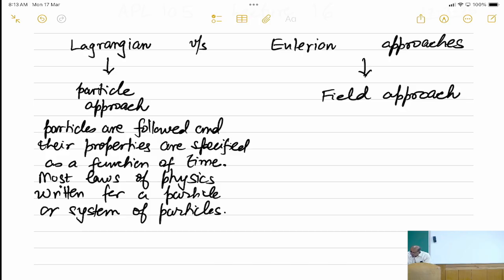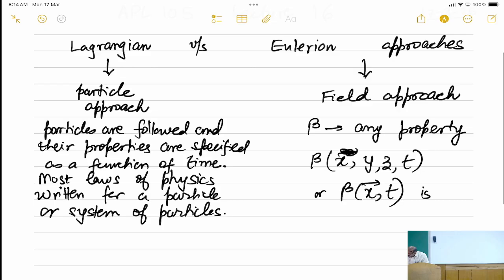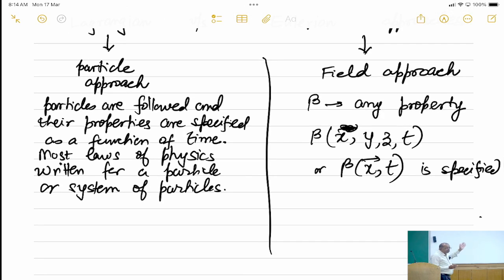And what you do is, if beta is any property, then you specify the property at all positions and at different times.